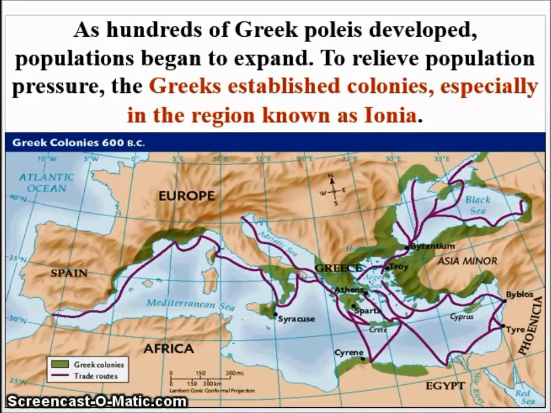And as I just mentioned, Greece itself has very, very limited fertile farmland. It's very hard pressed to support a growing population. Something has to be done with people who are going to be looking for opportunities. And the most adventuresome of these people will willingly take on the mission of colonizing other areas.